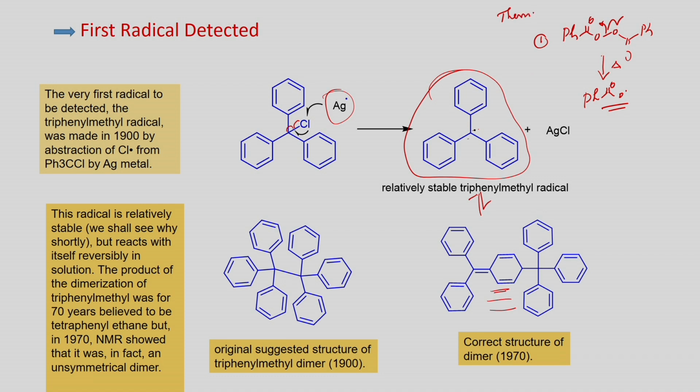That means you can thermally cleave this bond homolytically and generate two free radicals which can initiate the reaction. Similarly, you can also cleave the bond in the presence of light. When you apply energy, this also can undergo cleavage under irradiation, and then you will be able to form the radical which can initiate the reaction.